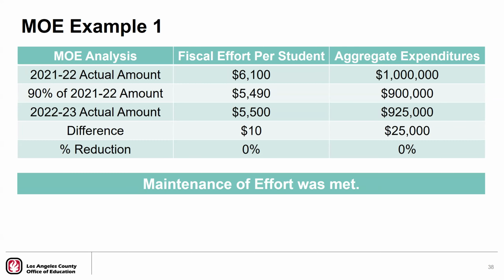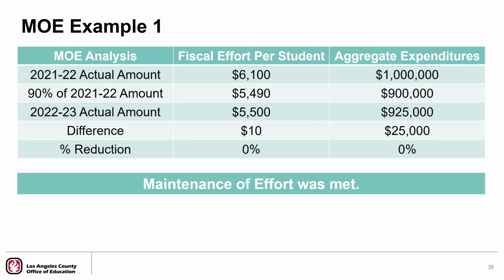In the next few slides, we've included a few examples of the maintenance of effort calculations. And so again, there are 2 ways to calculate maintenance of effort, either the combined fiscal effort per student or the aggregate expenditures of the LEA. The examples show both calculation options using fiscal years 2021-22 and 2022-23 as the comparison years.